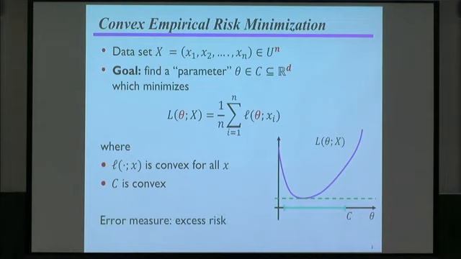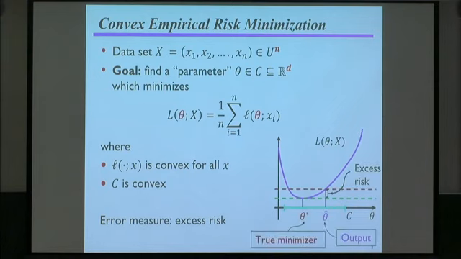When we're giving approximate minima, which is going to be the case for differentially private algorithms, the measure of quality of our solution is going to be something we'll call the excess risk, which is the difference between the value of the function at the true minimizer and the value of the function at the point we finally output. So if we output something that is not the true minimizer, then our measure of quality is the difference between those two values.